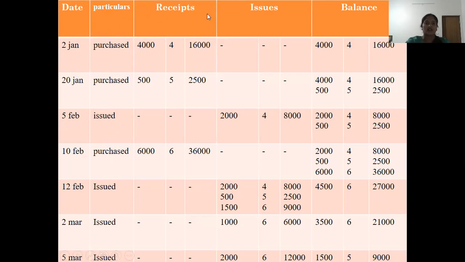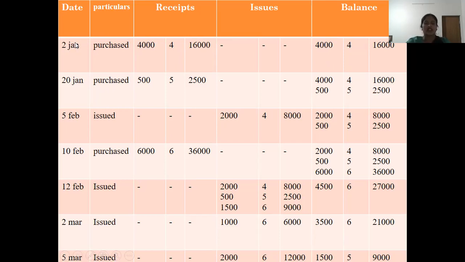Under receipts, you need to take the quantity of your units, the rate per unit, and the amount. Even for the issues also, the units, rate, and the amount. Even for the balance also, number of units, rate per unit, and the amount. This is how you need to draw the lines.